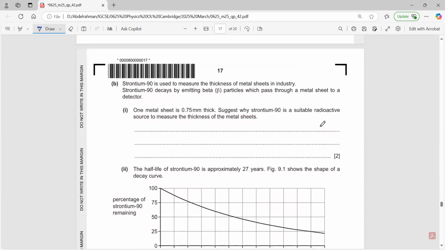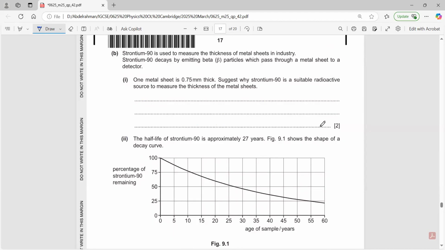Strontium 90 is used to measure thickness of metal sheets in industry. It decays by emitting beta particles. One metal sheet is 0.75 millimeters thick. Suggest why strontium 90 is a suitable radioactive source to measure the thickness of metal sheets.